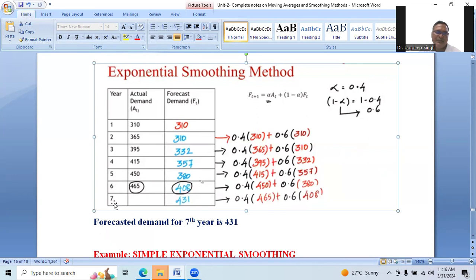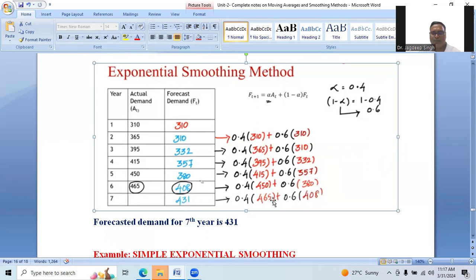And finally, F7. Using the single exponential smoothing method, the forecast for the seventh period would be 431. To calculate 431, we need the previous data, basically A(t) and F(t). A(t) is 465 and F(t) is 408.